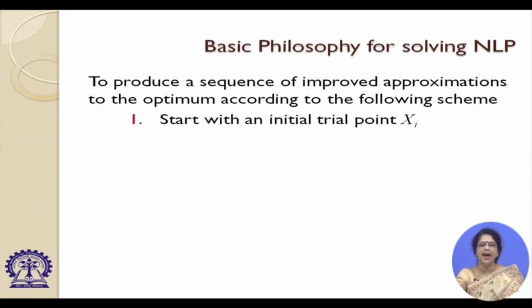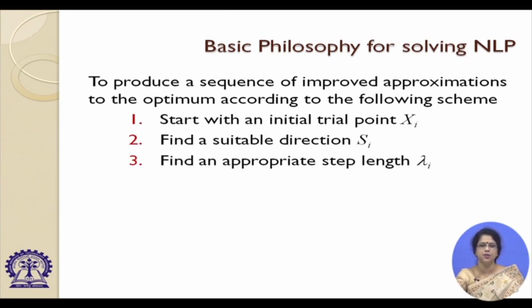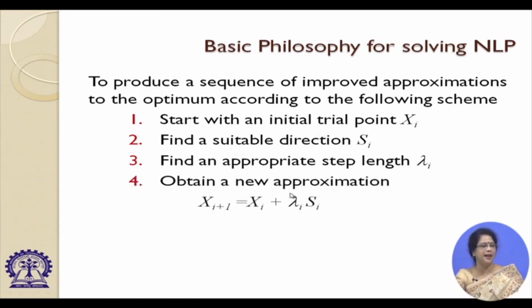Now, as I told you, I have just written the steps mathematically. To see the steps, I will start from an initial trial point, I will find a suitable direction, I will find the appropriate step length, and I will move to the next point. How? By considering the first point plus the step length and the direction together.